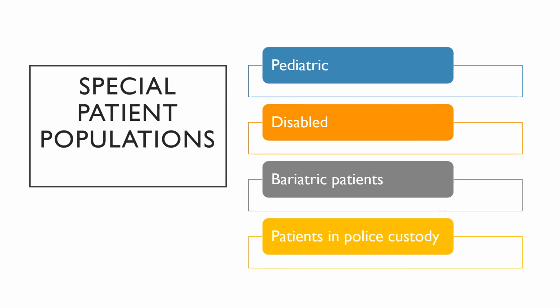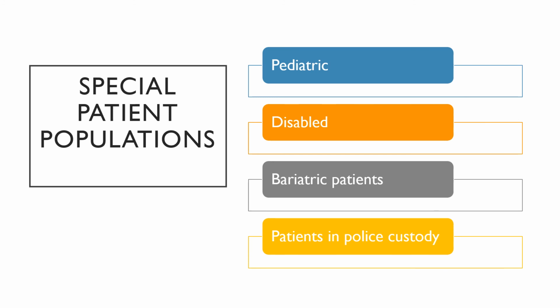Now, bariatric patients. Bariatric patients are defined by the body mass index. Mildly obese individuals have a BMI of 27 to 30, and those that are considered obese have a BMI of 30 or more.